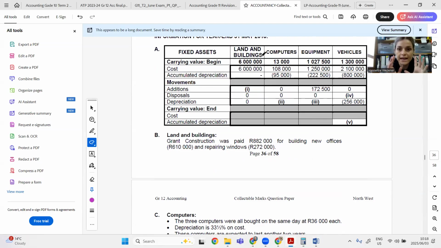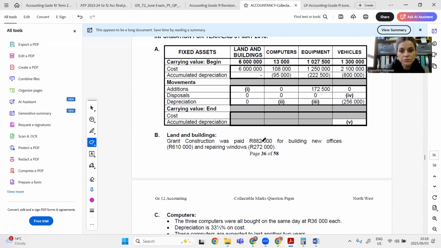So starting with land and buildings, they are saying that you had at the beginning of the year costs of 6 million rand. Then it says here with information B that you paid 882,000 rand for the building of new offices and the repairing of windows.